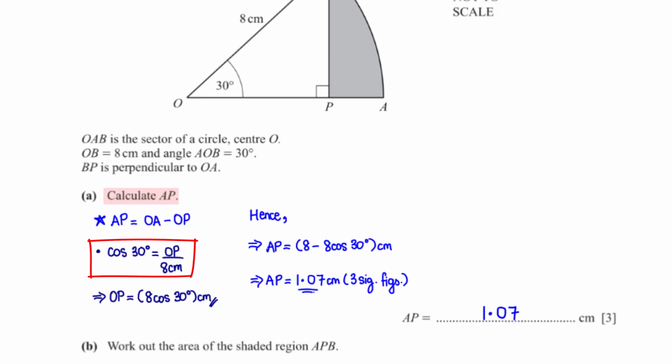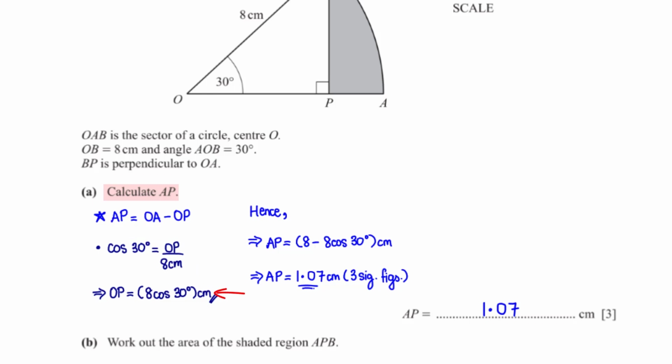When we make OP the subject, we get 8 cos 30 centimeters. Now that we know the length of OP, AP is equal to 8 minus 8 cos 30 centimeters. When we type this into the calculator, we get 1.07 centimeters rounded to 3 significant figures.